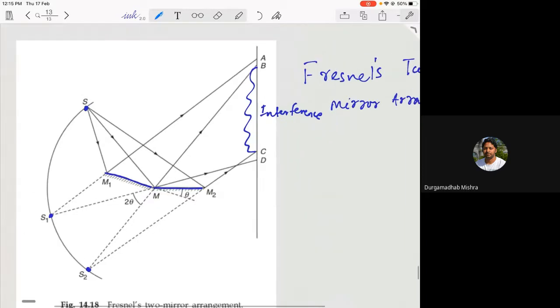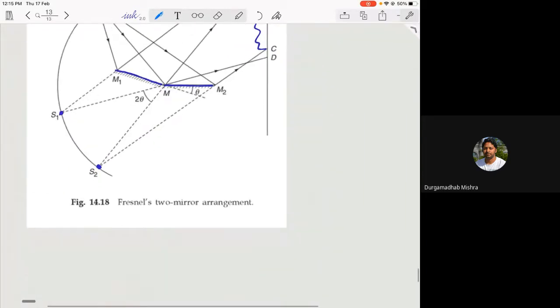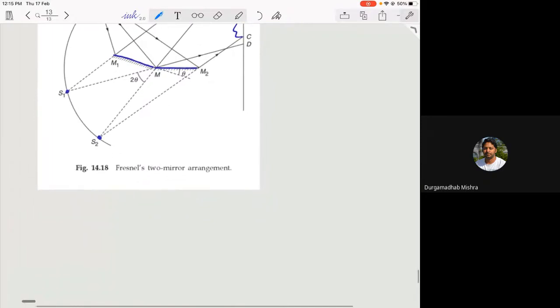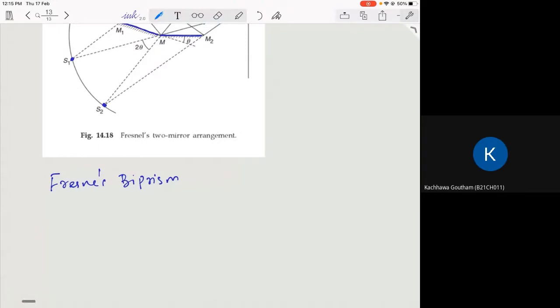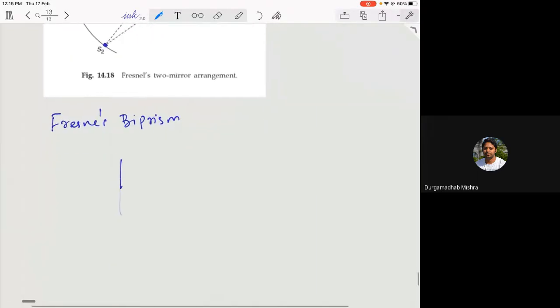Another possibility which you can also use is Fresnel's biprism. Here also you can get an interference pattern from the same source. Let me draw that here.